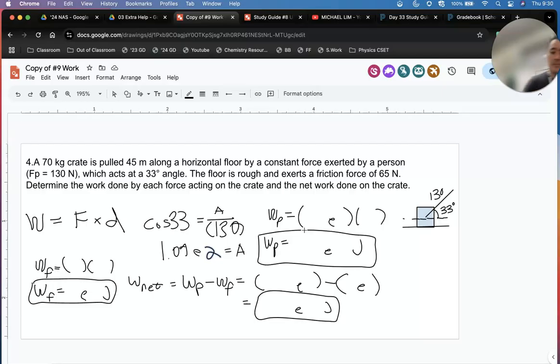All right. Let's move our force into the work equation. And put in the distance. So, Devin, what's the distance the crate has moved according to this problem? That's the force. We've already used force. What's the distance? 45 meters.